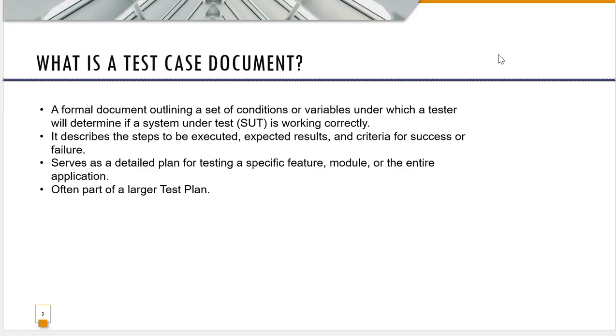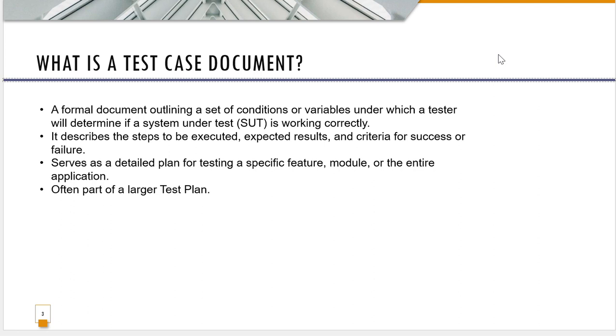How it will be tested, and what the way to write it is, we should write in the test case document. It describes the steps to be executed, the expected result, and the criteria for success or failure. What are the criteria if that test case fails, or what are the criteria if it is a success? All that is written in the test case document.